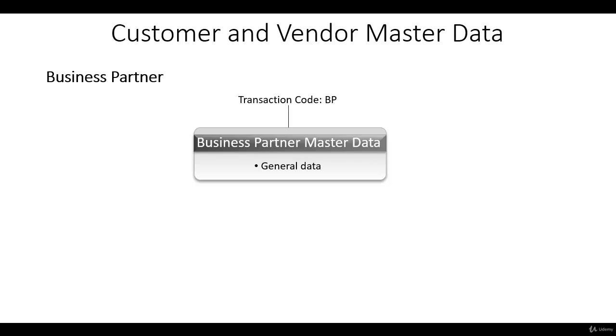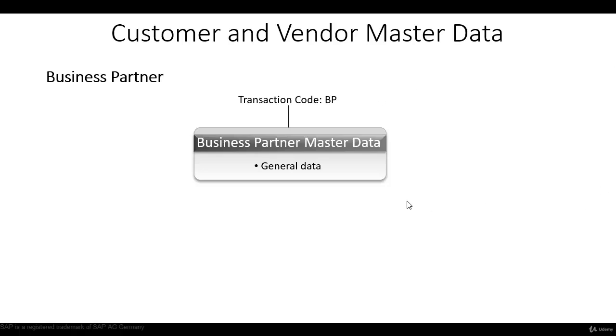So general data is the replacement as a business partner master data for both customer and vendor master data. We can also take it as the highest level of hierarchy in vendor and customer master.